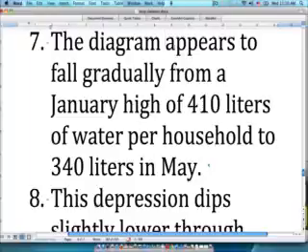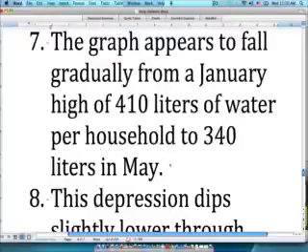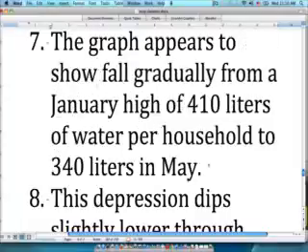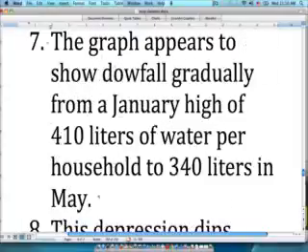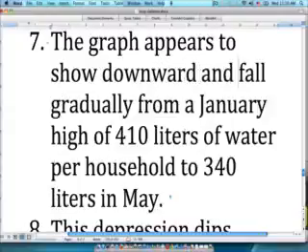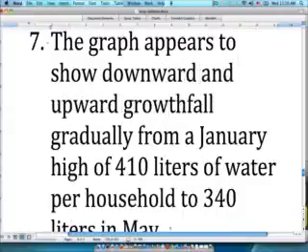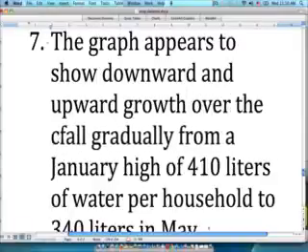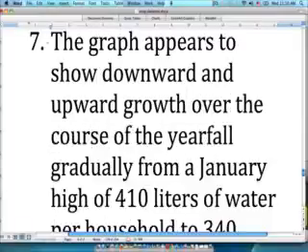Oh, and I wrote diagram and I should have written graph. Well, that's a mistake. The graph appears to show downward and upward growth over the course of the year.